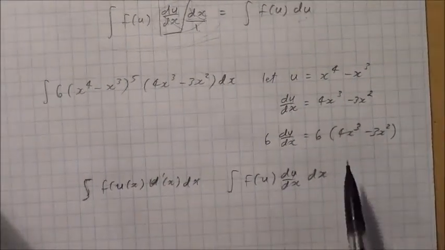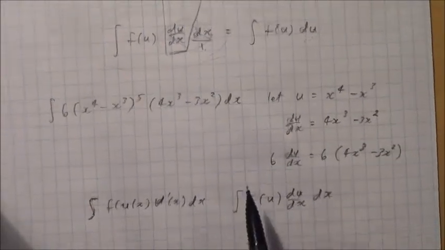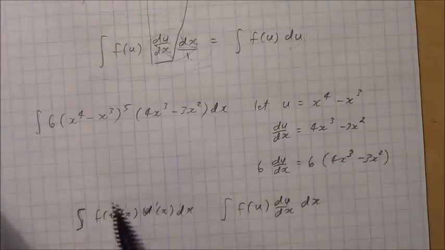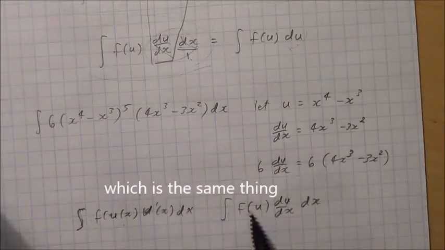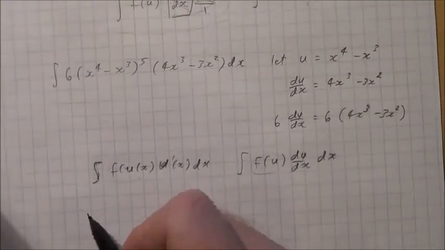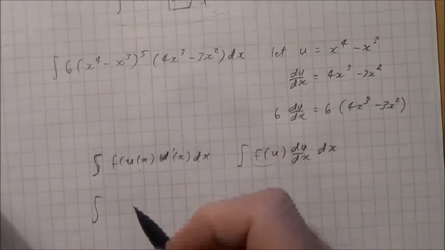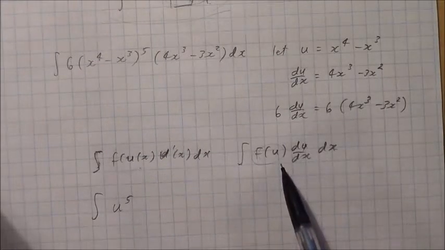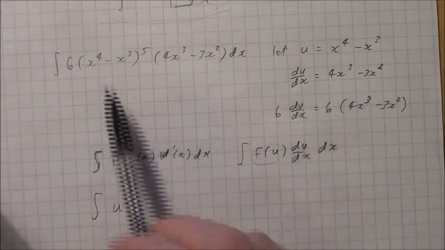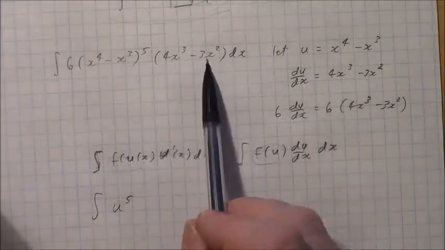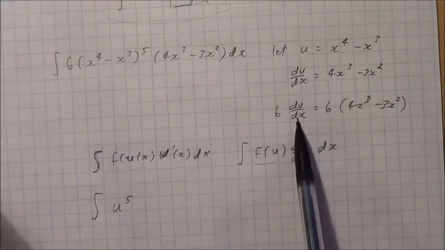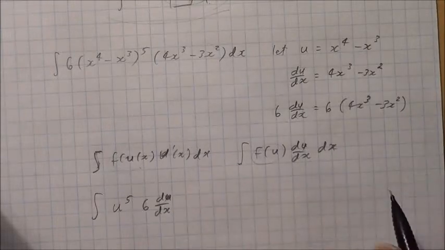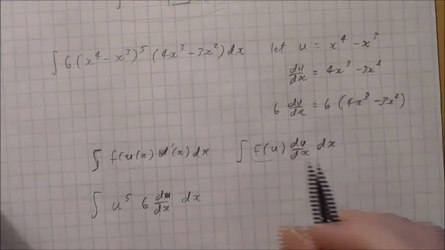We know that f of u is u to the power 5, so that takes care of the f of u. And then we have this 6 and this derivative, and that's where the 6 du by dx comes from, and then multiplied by dx.